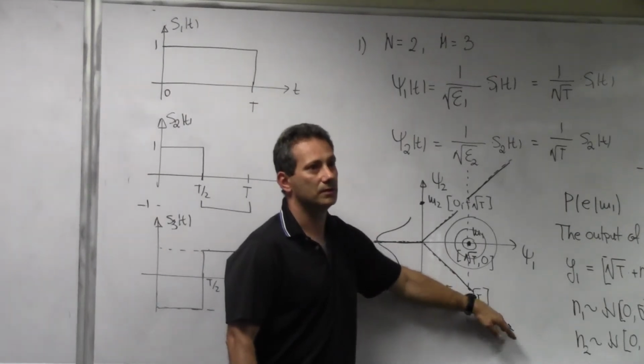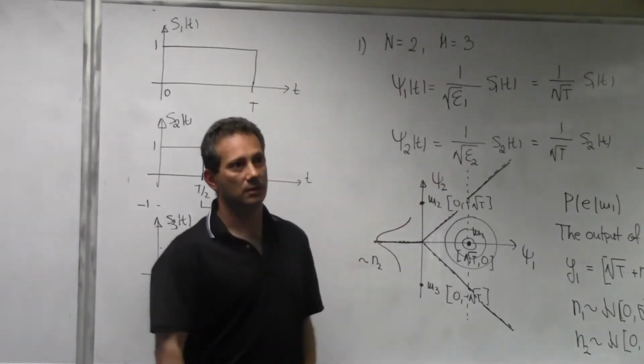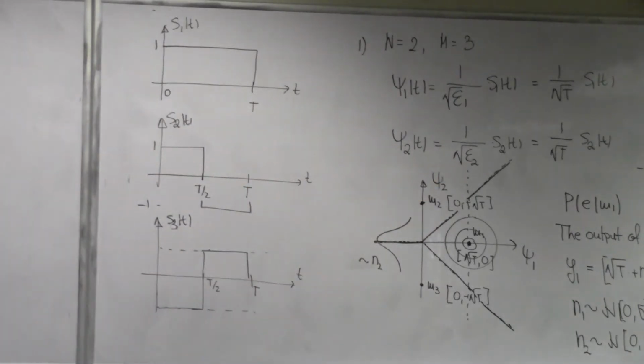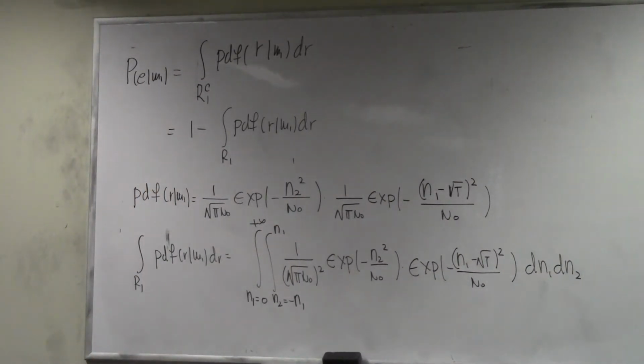Minus n1, right? So from minus n1 to n1. So I have to go from minus n1 to n1. So that's essentially what we need to evaluate.